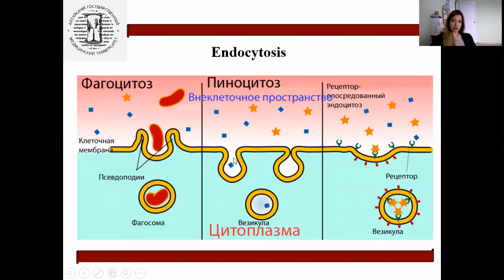If it is liquid, it is pinocytosis. And also receptor-facilitated endocytosis, when receptors capture these special molecules, and only after that the vesicle is made with these captured substances. These all are endocytosis. Of course, you understand that it also requires energy, because this is a difficult process.